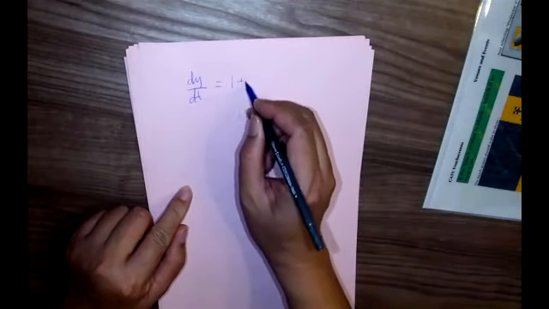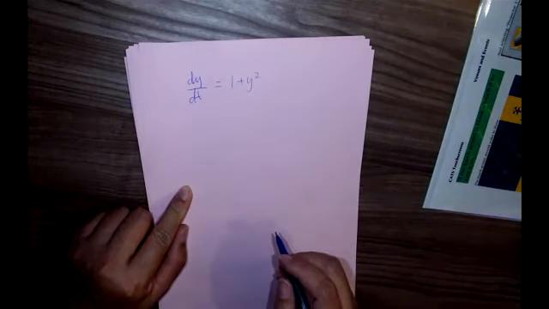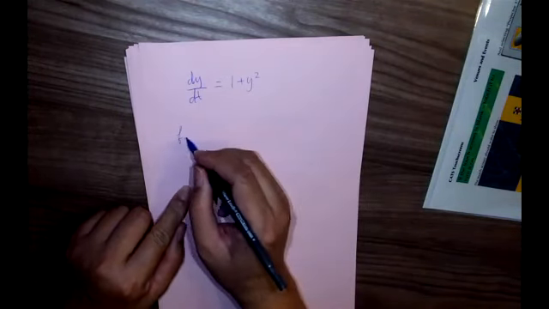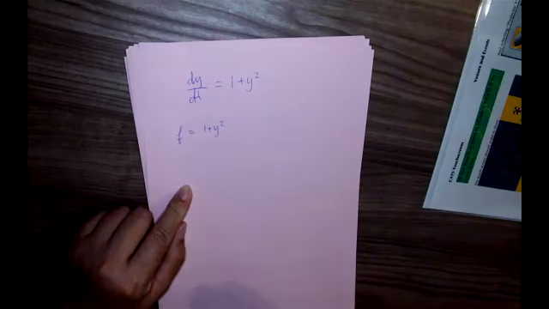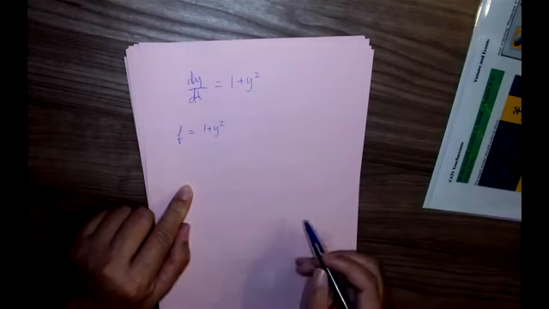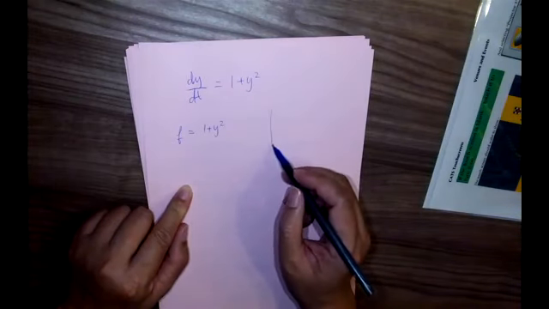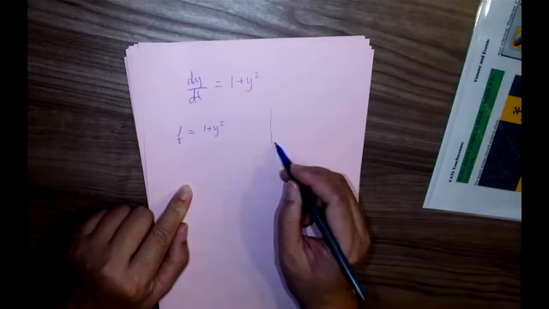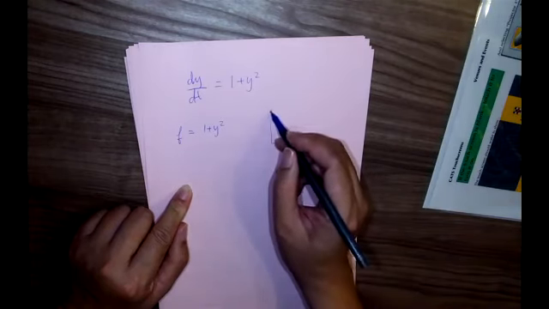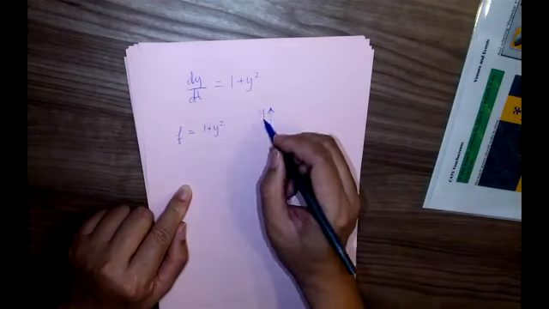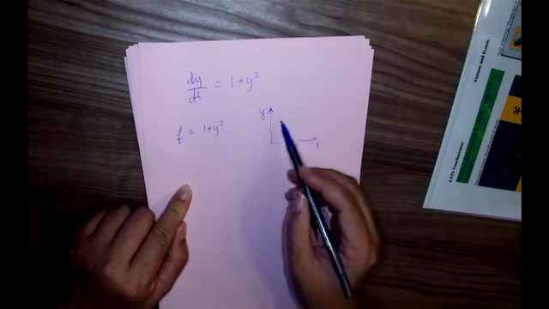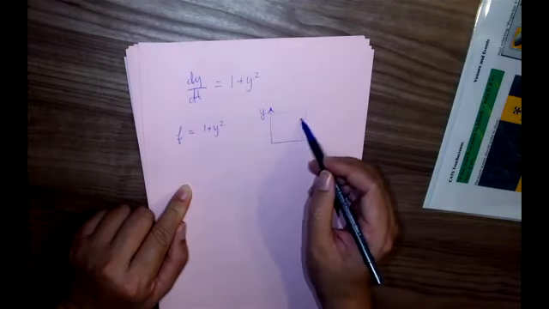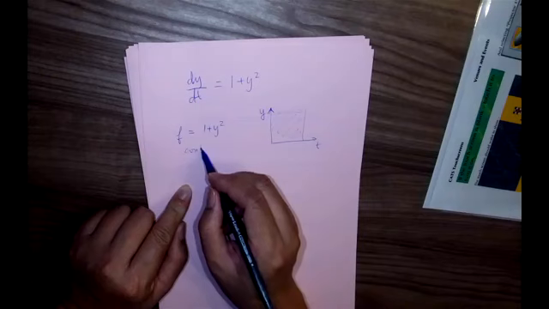Okay. So dy over dt is 1 plus y squared. So you see that f on the right hand side is 1 plus y squared, right? Okay. And if you plot it, say this one is t and this one is y, then this function is continuous because it has no t, so it's continuous on any region.